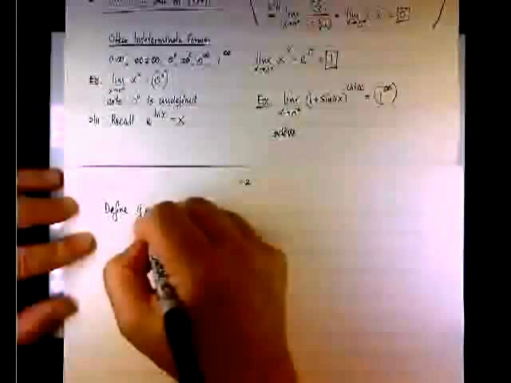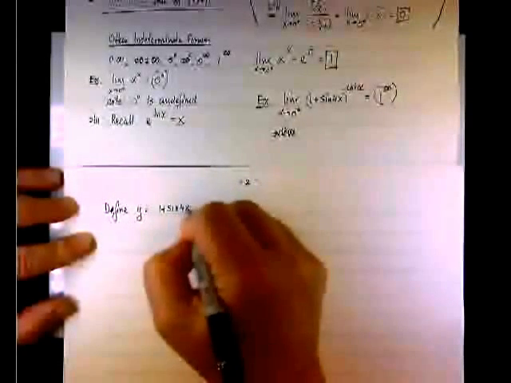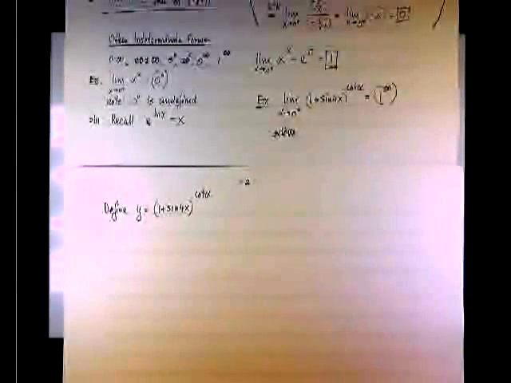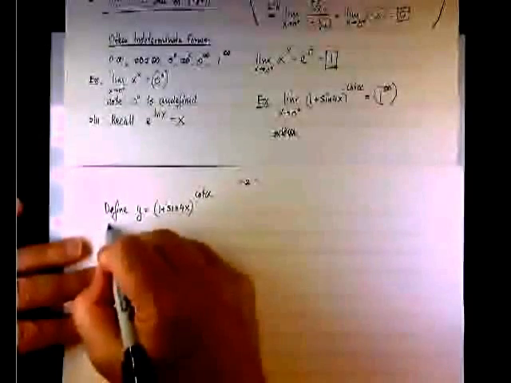Let's define y as 1 plus sine 4x to the power of cotangent x. Okay?